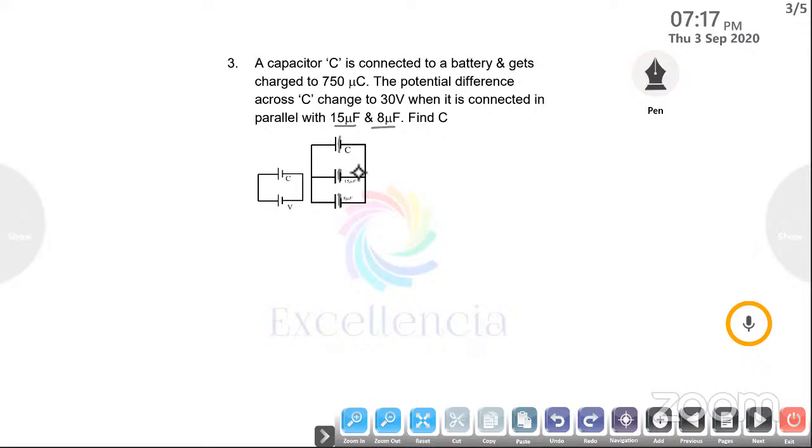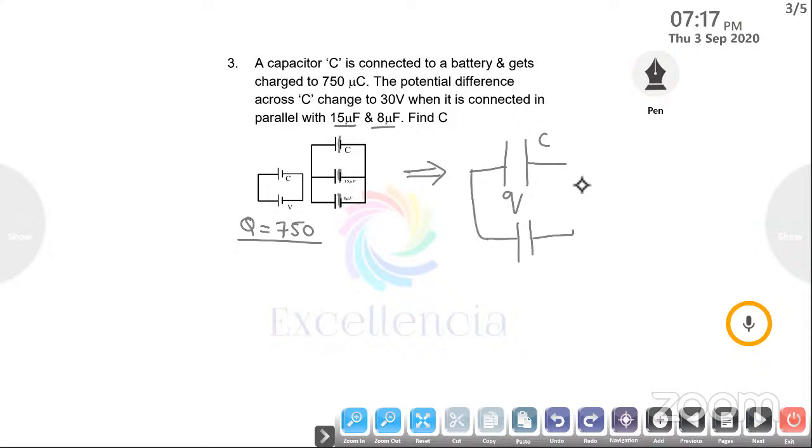So originally, the charge on the capacitor was 750. Now finally, let us say that capacitor has a charge Q, and this 15 and 8, I join them, they are in parallel, so it becomes what? 15 and 8 in parallel becomes 23, right?